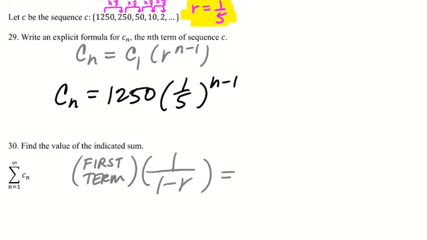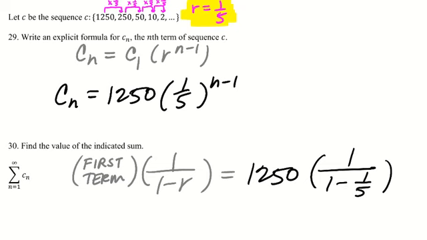So the first term is 1,250 times 1 over 1 minus 1/5. My recommendation for this is that you bring in the calculator.